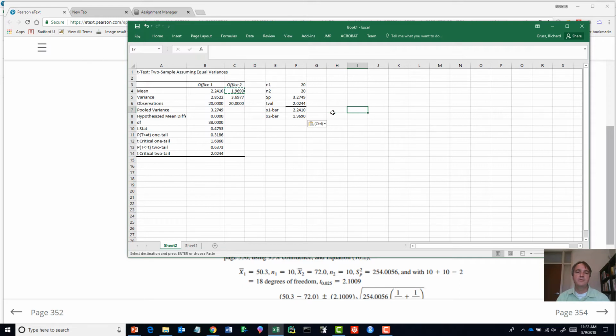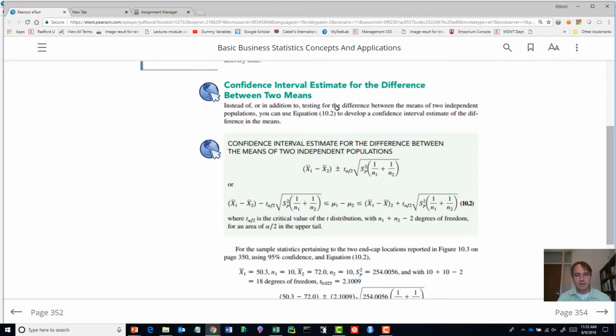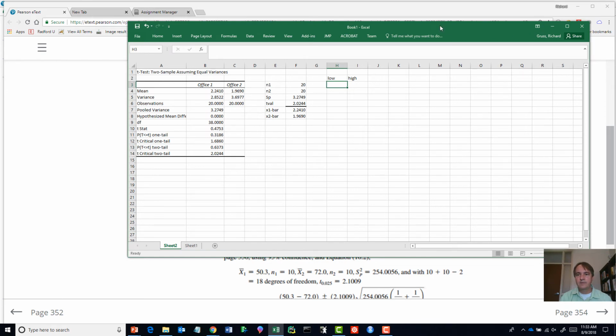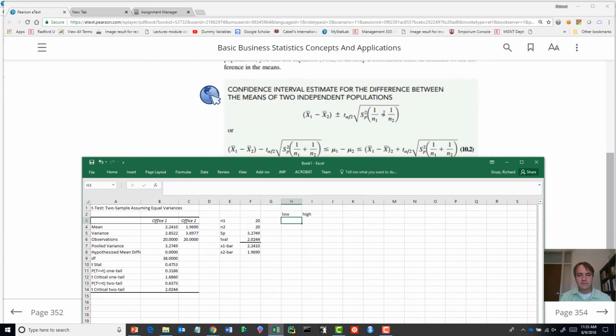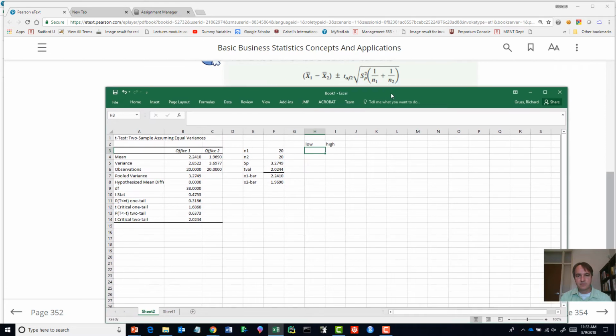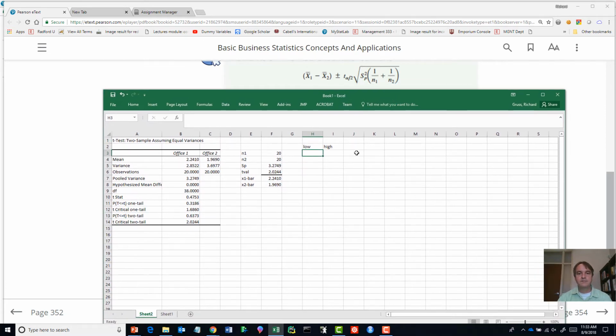Now let's calculate these separately. We're going to have a low and a high, because it's going to be plus something and minus something. So it's the difference between x1 bar and x2 bar. Let me see if I can show both of these at the same time. We're just going to plug our values in. Low is going to be x1 bar minus x2 bar, and because we're doing the low, we're doing the minus part.